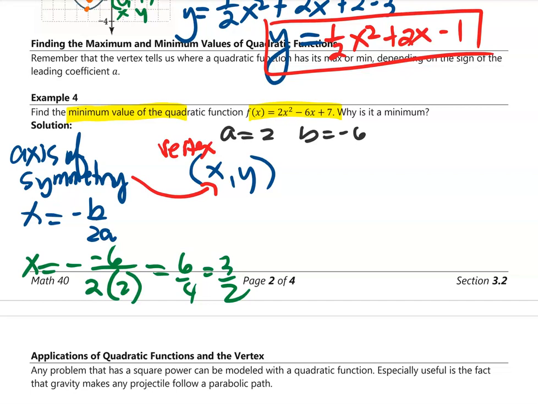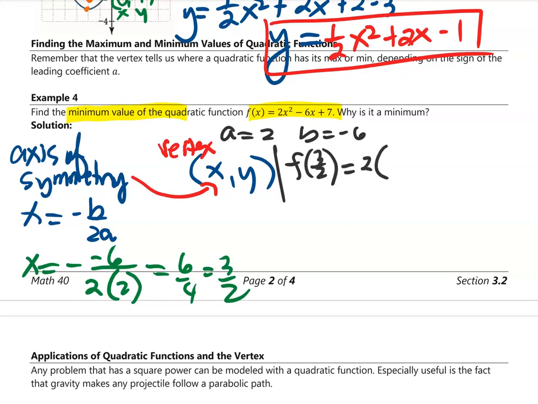Then we want the y. How do we get the y? So to get the y, we just have to substitute the value of x into our f of x. So it's like we need to solve for f of 3 halves.